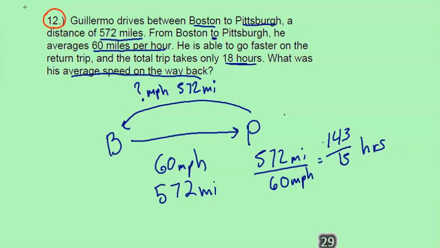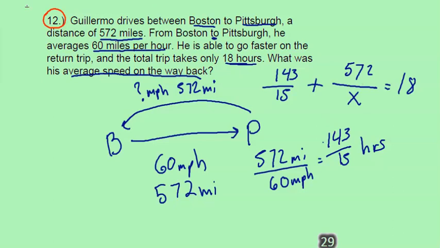So let's go ahead and set this up. So we have 143 over 15 plus 572 over something, we could call it x, and that's going to equal 18 hours altogether.